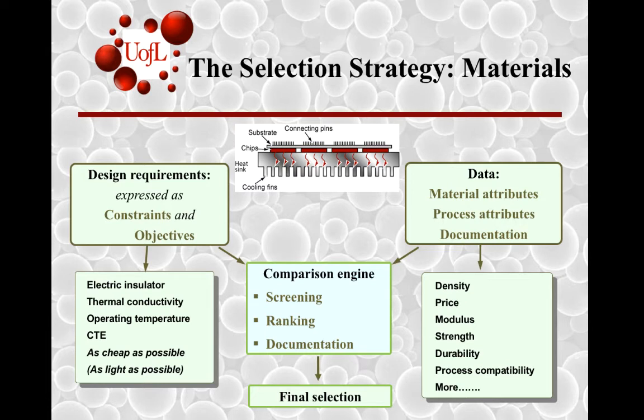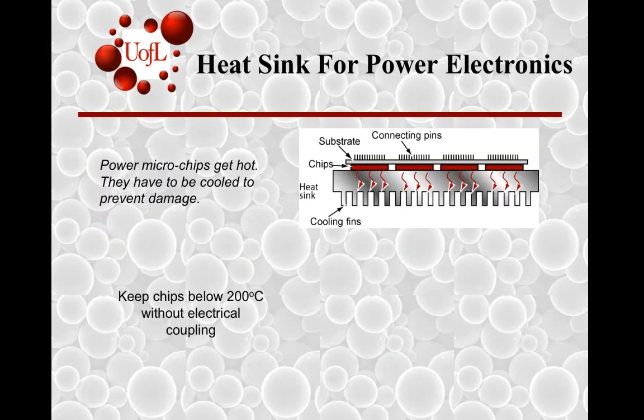So you can see that compared to other kinds of problems that you might have solved in a design situation, you typically have a number of different open-ended options or solutions from which you have to use a judgment. Let's look into greater detail at this application. You have these chips over here, they get hot. When in a very small volume, they have a lot of current density.